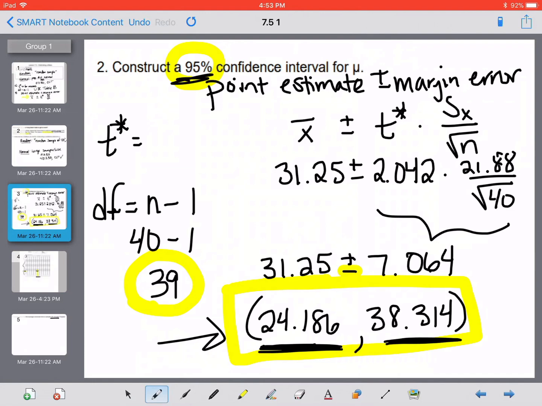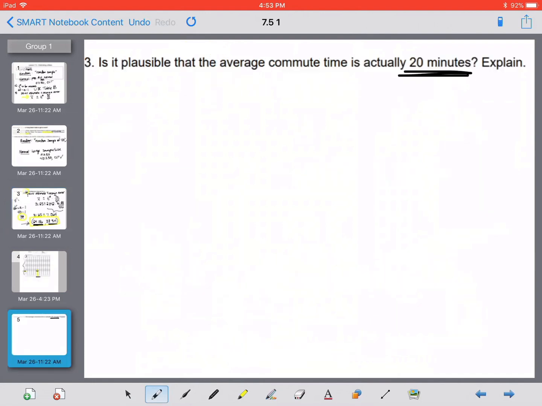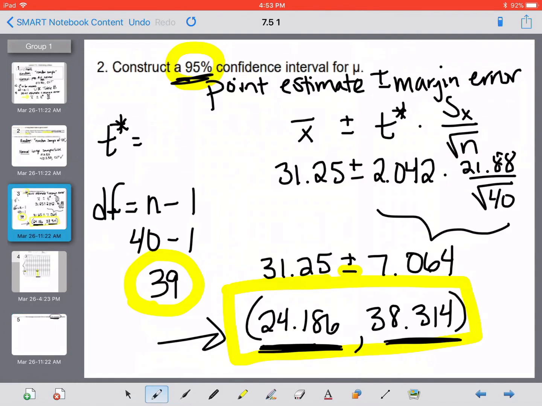Now, does 20 minutes fall within that interval?